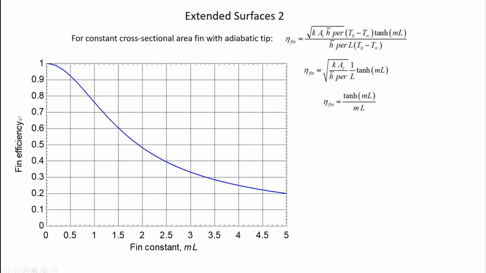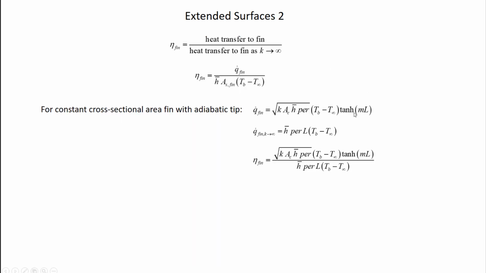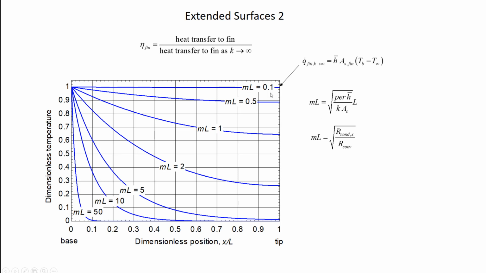If I plot the fin efficiency as a function of this mL fin constant, it looks like this. If you remember, we can go back and look at this plot, this mL parameter is really the ratio of R conduction in the x direction to R convection.